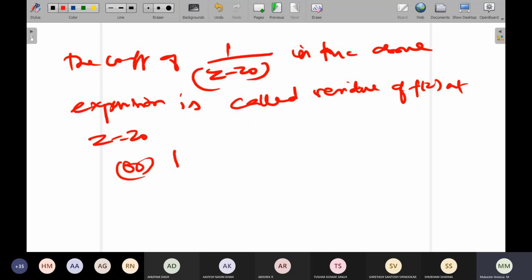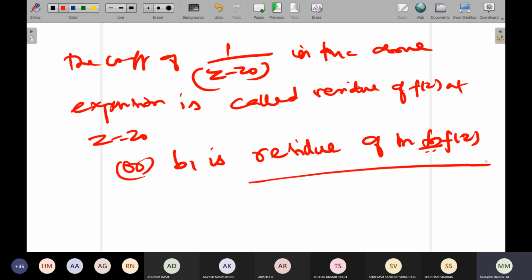Or you can simply write that b1 is the residue of the function f of z. You understood?